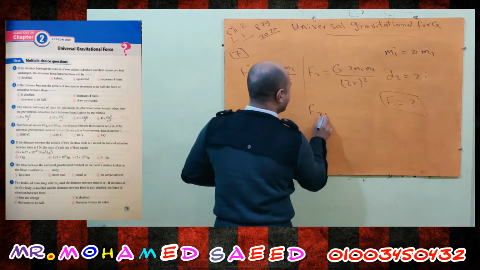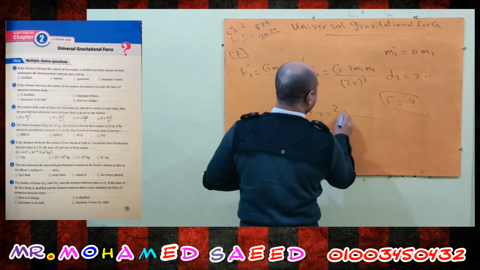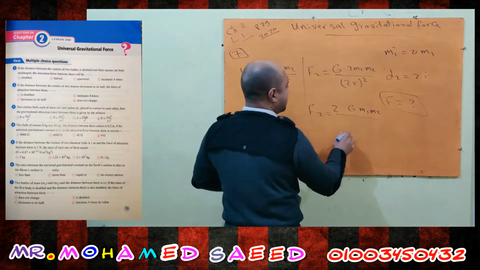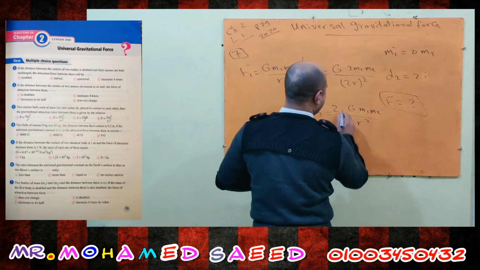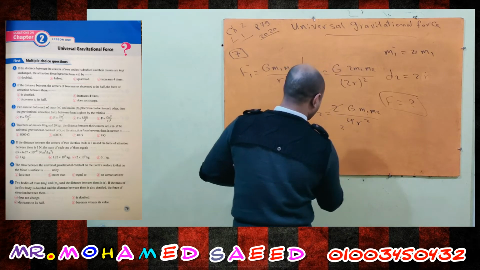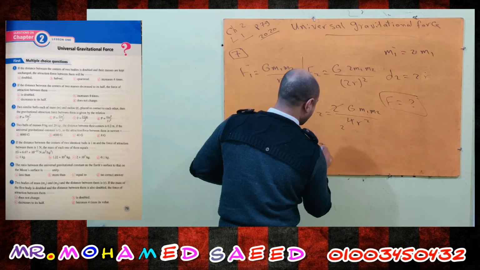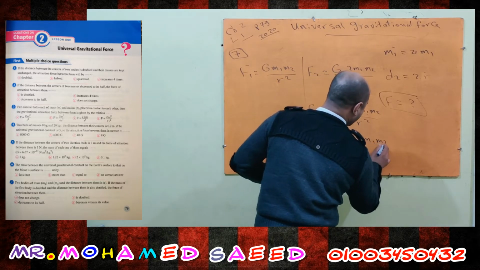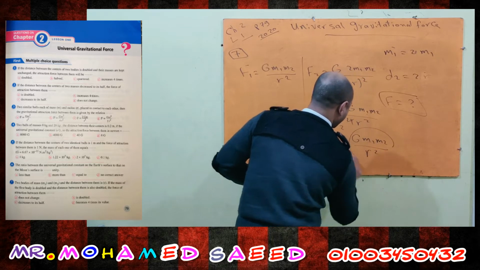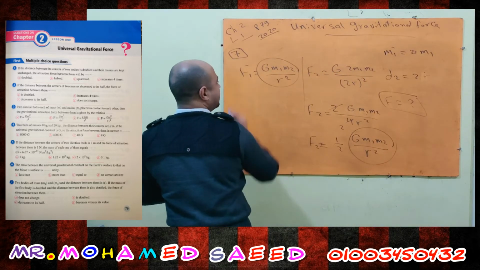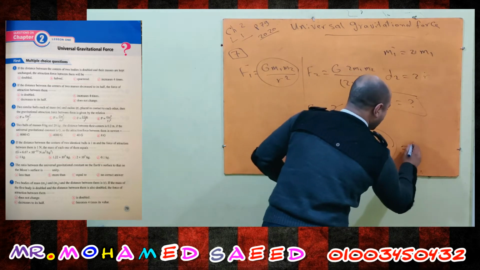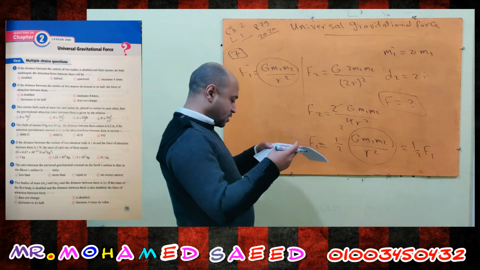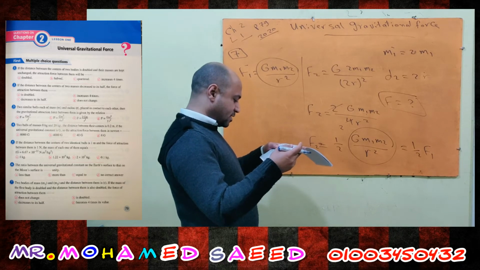So F2 equals 2G capital M1 M2 over 2R squared, 4R squared, cancel 2. So F2 equals half G capital M1 M2 over R squared. It is F1, so we can replace it. So F2 equals half F1. So the attraction force between them decreases to its half.